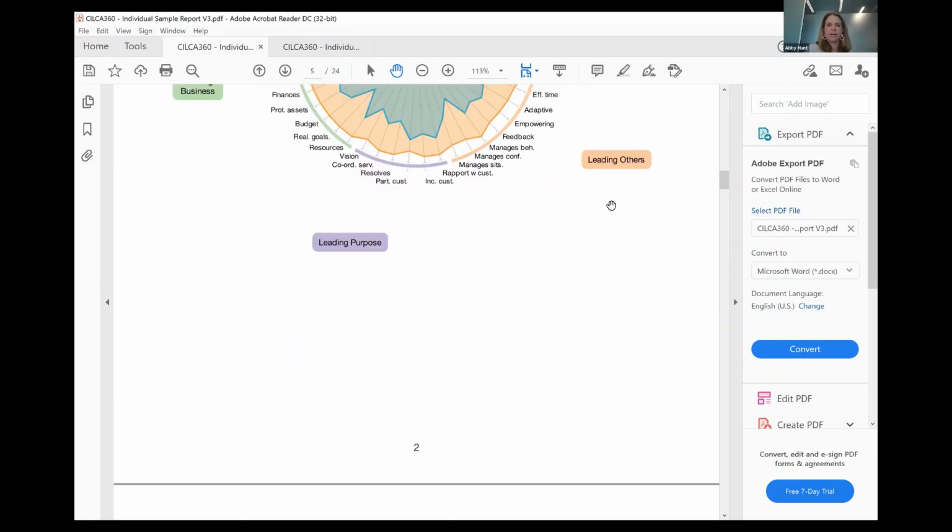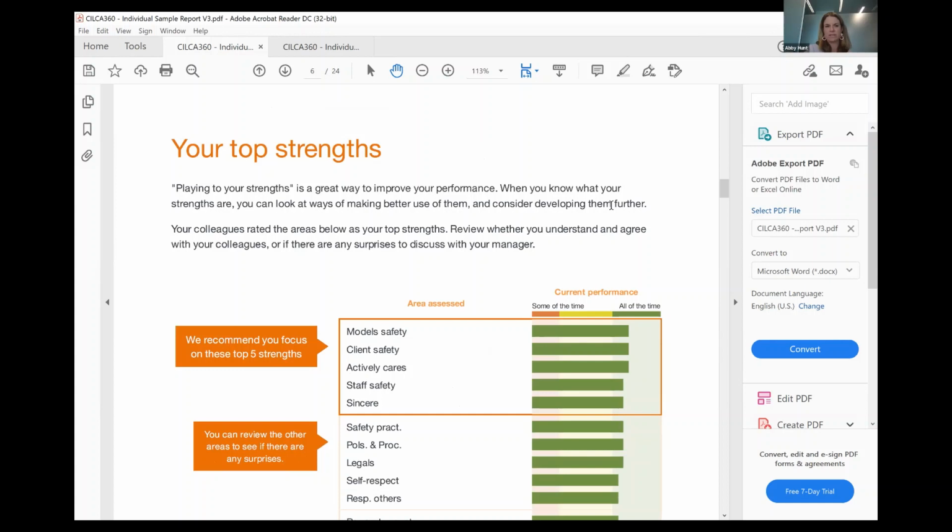All right, I'm going to scroll down a little bit further. You've seen all this before as well. Those of you I've done debriefs with will know I tend not to use this page, whereas some of my colleagues do. I think it just reinforces how the computer has chosen the top 5 strengths and the top 5 areas for development.